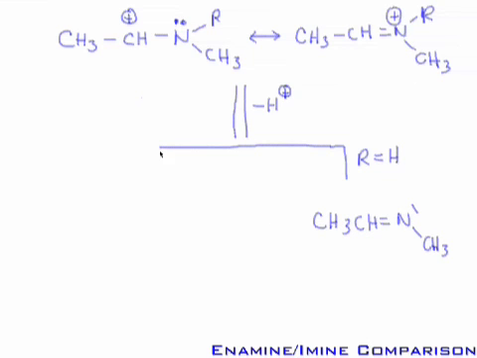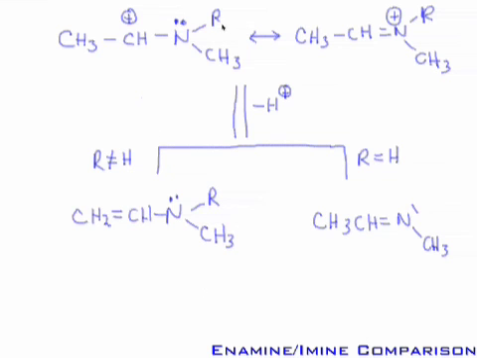When R does not equal H, for example, it equals methyl, you form an enamine. Now look at this carefully. This is just showing the last step of the reaction mechanism we had up previously.